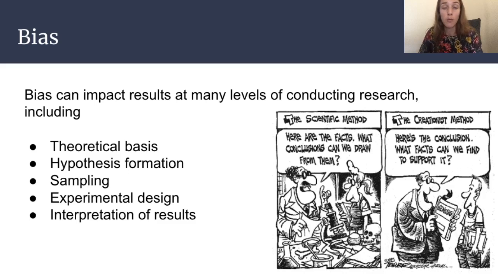And we can even interpret results in a biased way. So think back to those kind of crazy statistics I showed in the first topic, right? We can maybe come up with an interpretation for those nonsense relationships that seems maybe plausible, right? So we can be biased at every step of the way here.